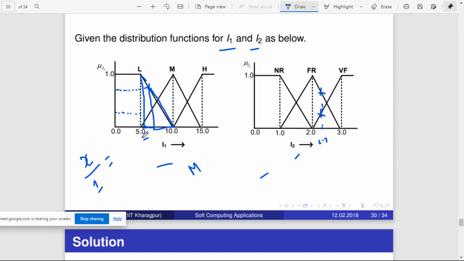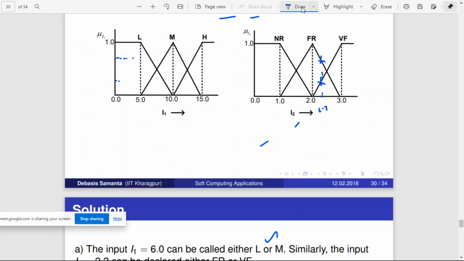Similarly, you can find the other points. If you take this point, this is 6.0.